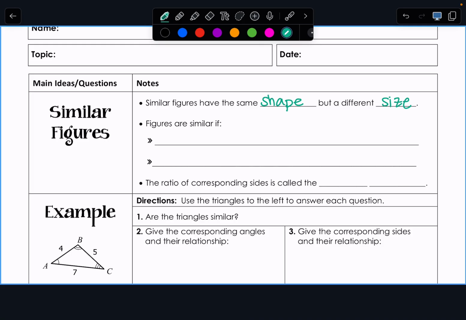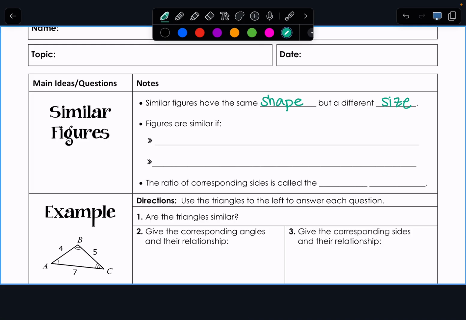So all before Thanksgiving break, we worked with congruent figures and all the different things we did with them. Now, after Thanksgiving, we're focusing on similar shapes and all the things that we can do with them. And so then next week, we'll work towards putting those together and we'll have our CSA.